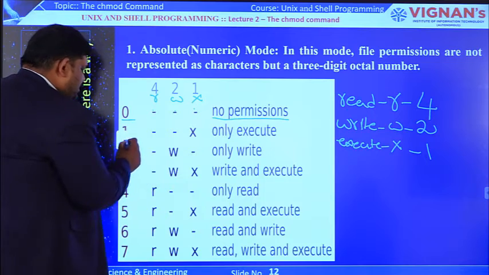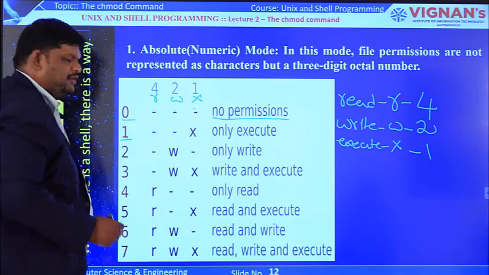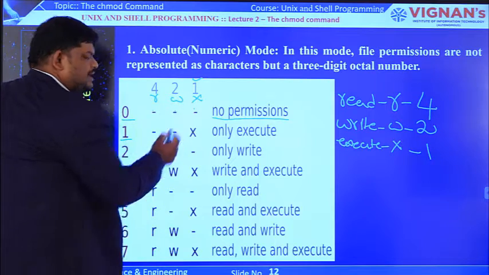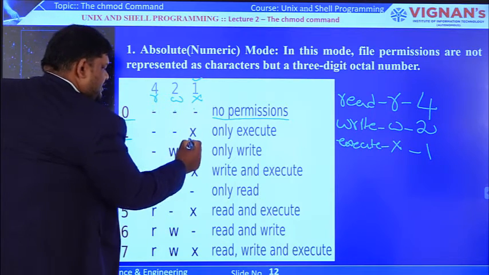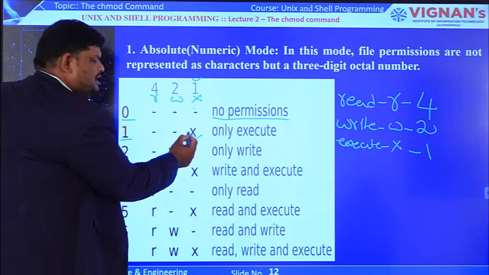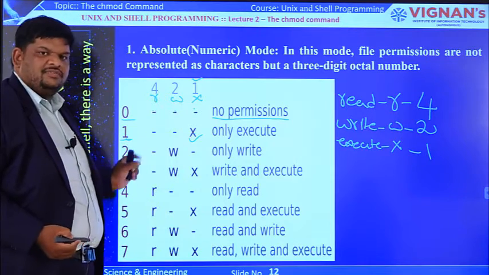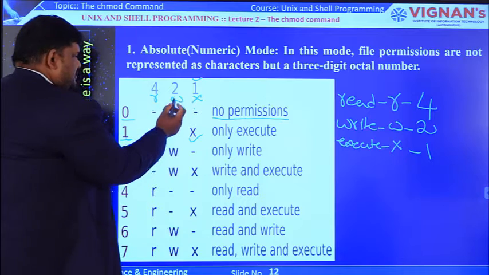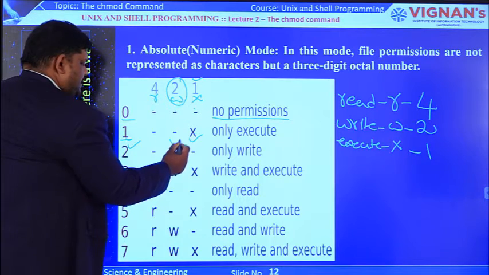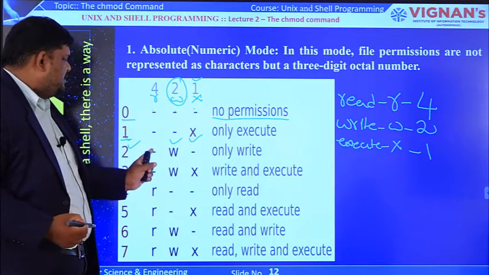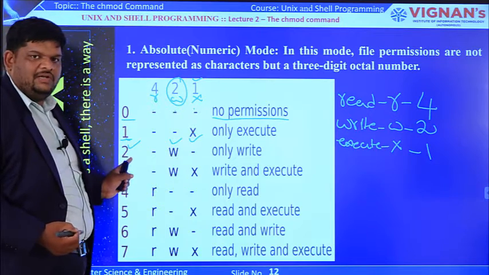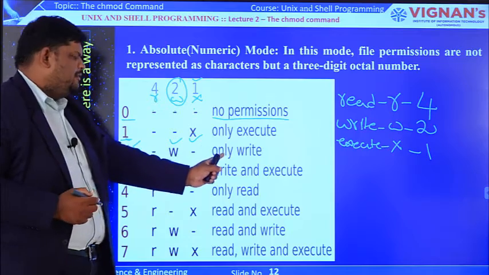If we give the value 1, that is execute, so only execute permission. If we assign the value 2, that indicates only write permission, with no read and no execute.